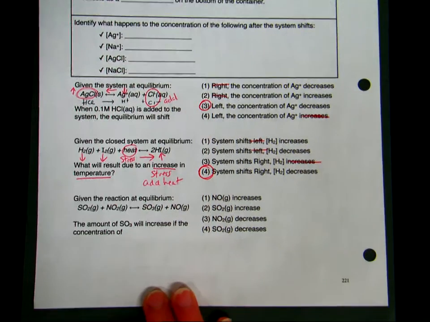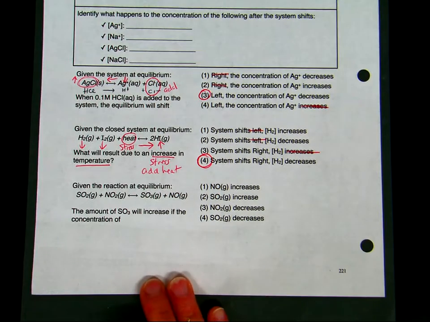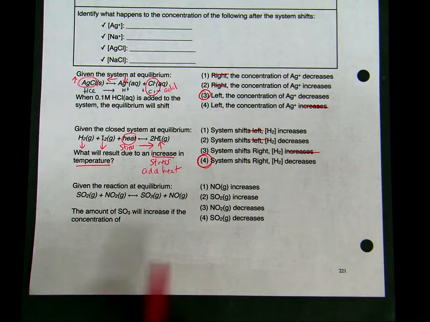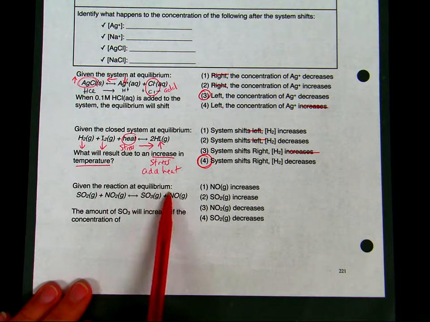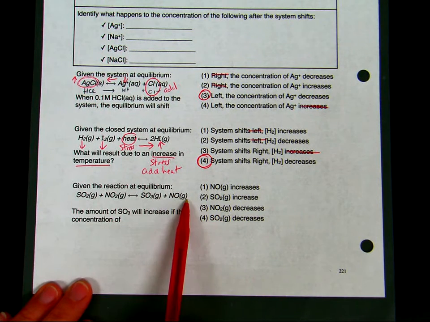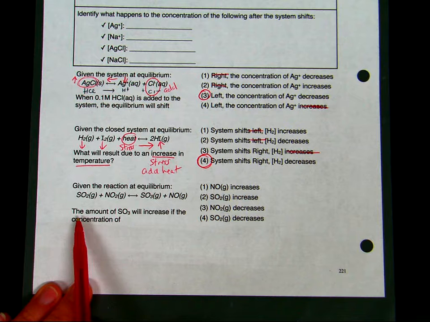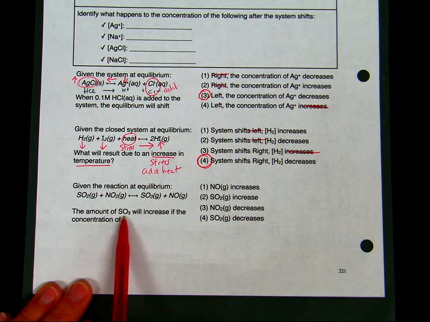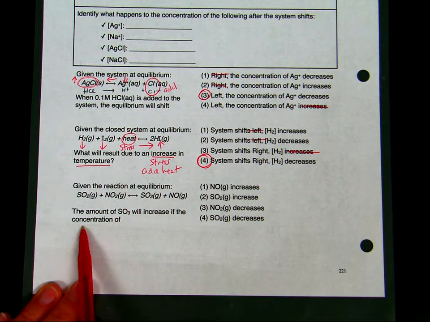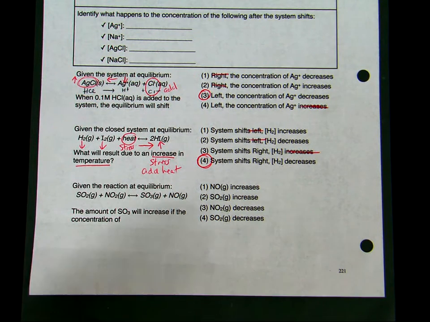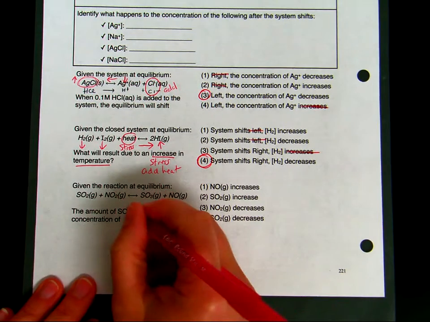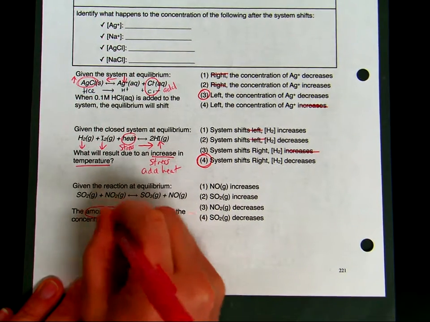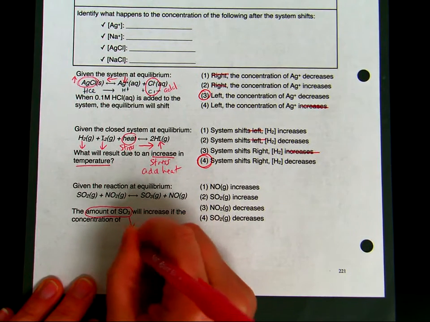Last practice problem on this question. So once again, we have a system at equilibrium. Here is our system, and it's asking you the amount of SO3 will increase if the concentration of... So this is a result of the shift.